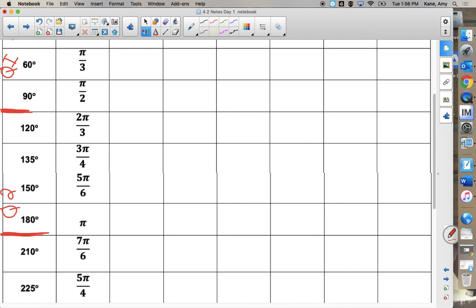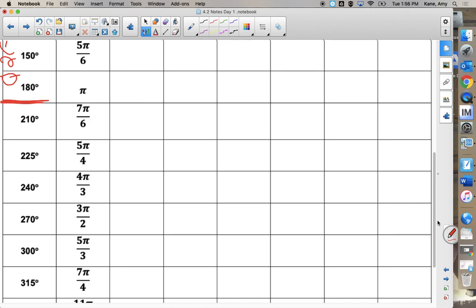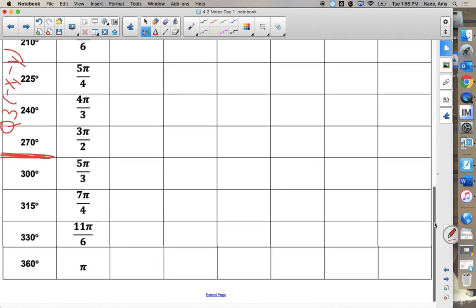What happens with quadrant 2 with x and y? Right, a negative x and a positive y. Going down to quadrant 3, putting a line at 270, both negative. And then the last set is quadrant 4, positive x, negative y.